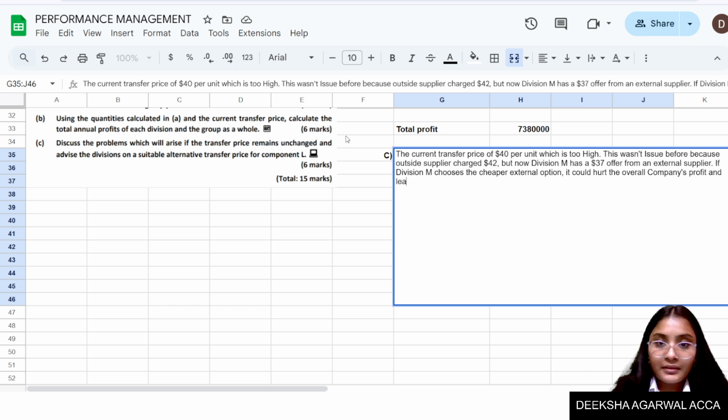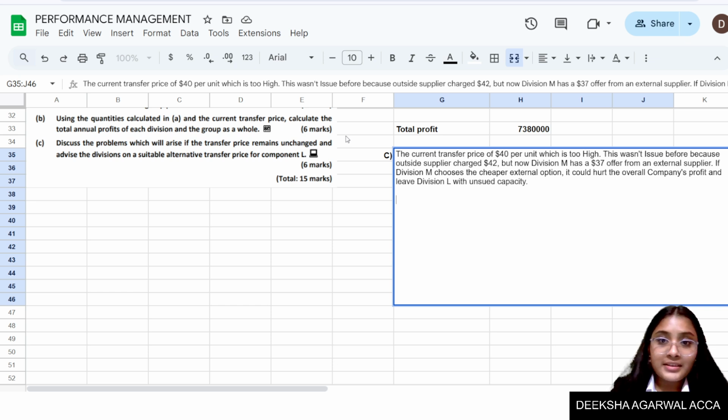And it would leave division L, sorry, with unused capacity. Capacity will be high because your external capacity is still 3 lakh. Even if you offer a transfer, your 20,000 external is still left, right?